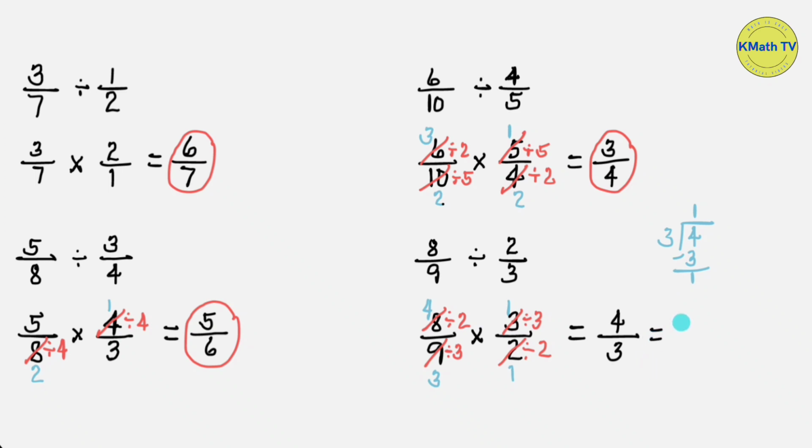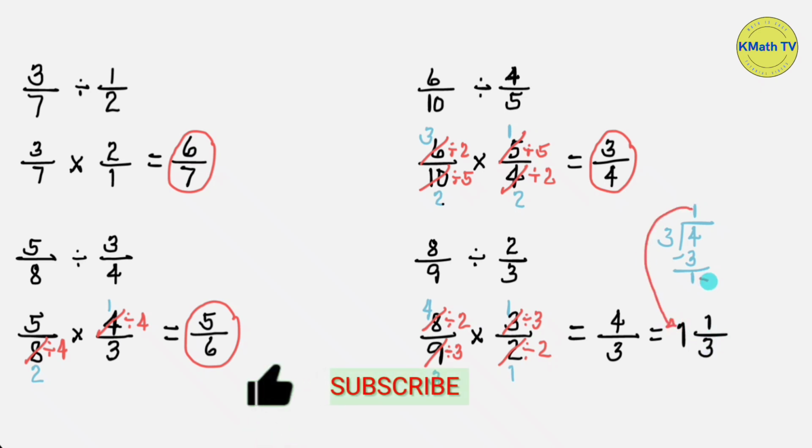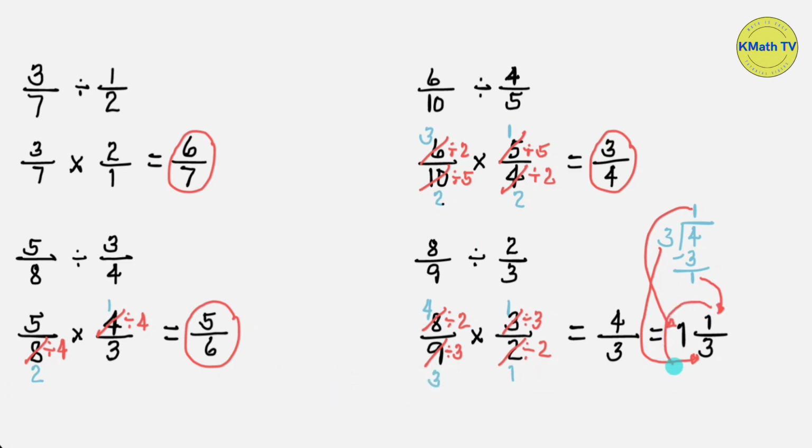Okay, the answer is 1 and 1/3. This is how to write the answer if you simplify improper fraction or you change improper fraction to mixed number. Okay, the final answer is 1 and 1/3.